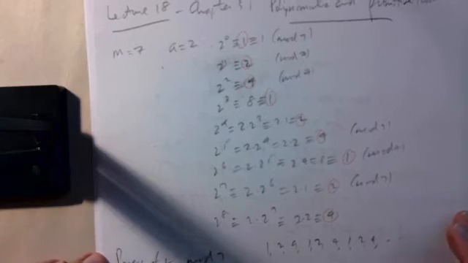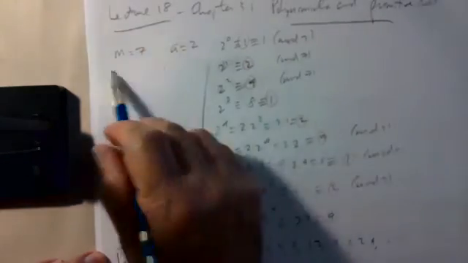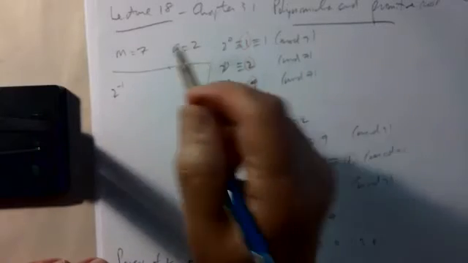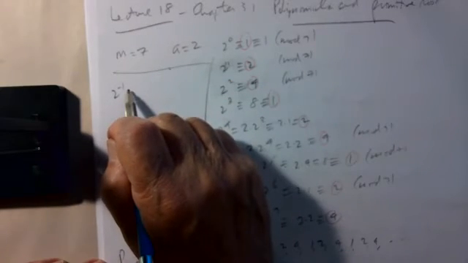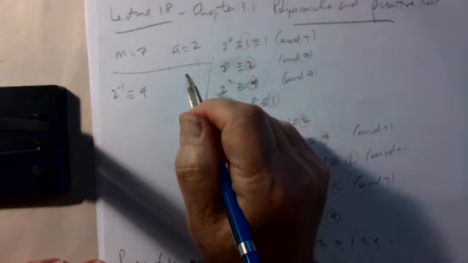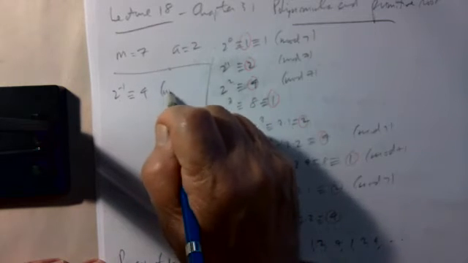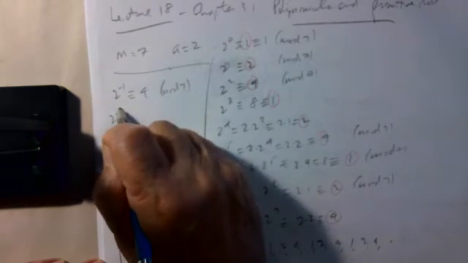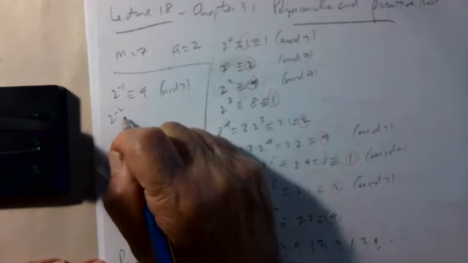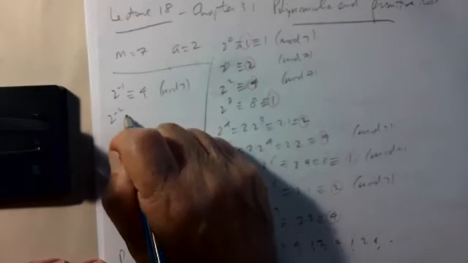Even if you took negative powers, let me take negative powers. What's the inverse of 2 mod 7? The inverse of 2 is 4, because 2 times 4 is 8. 2 to the minus 2, this is the inverse of 4.